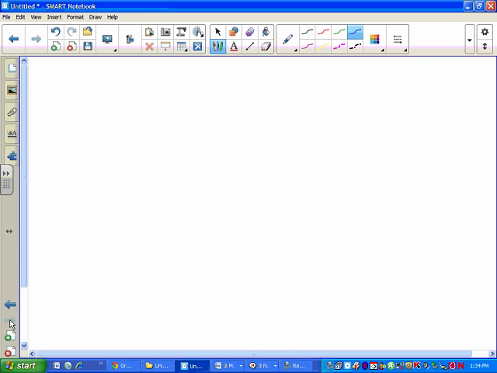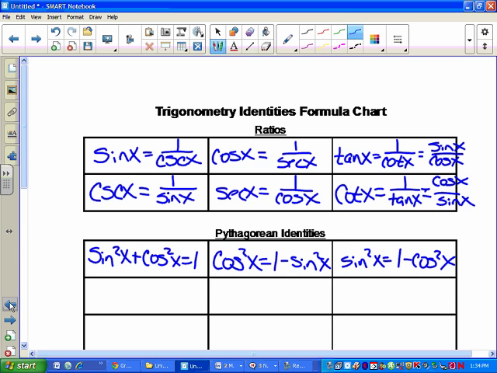Well, cosine over sine, look at this one right here. It says cosine over sine is cotangent. Well, the good thing about these is they also work squared.